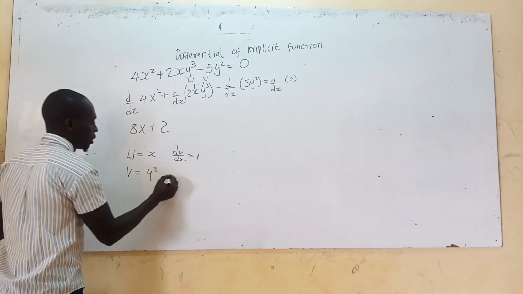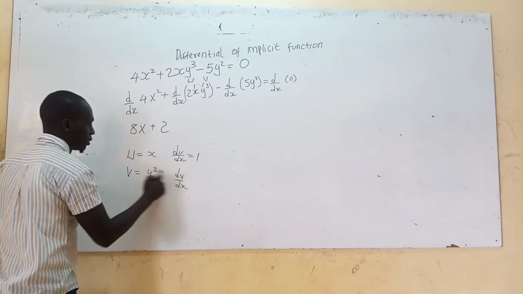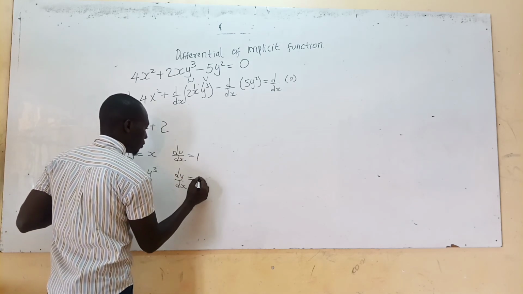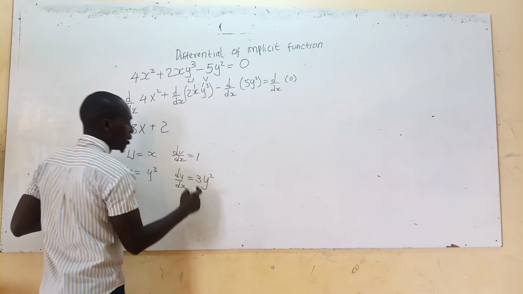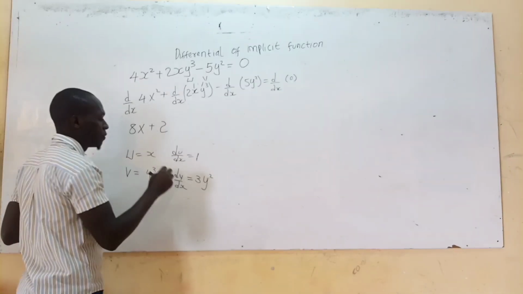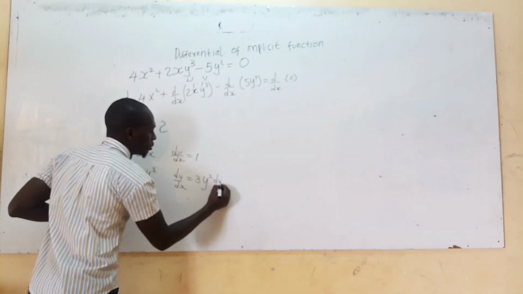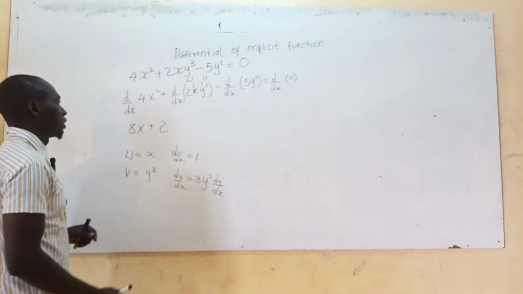Now let us come here, our dv with respect to dx. Here we are going to have 3y squared. But since here we are dealing with implicit differentiation, we are going to have dy with respect to dx attached to it.